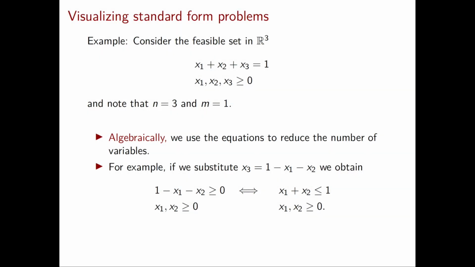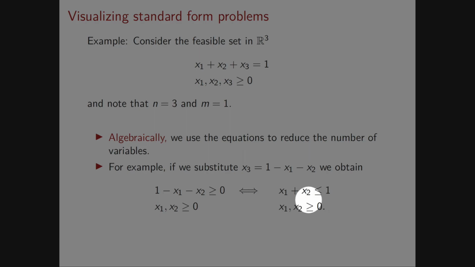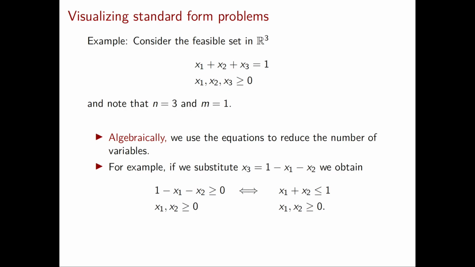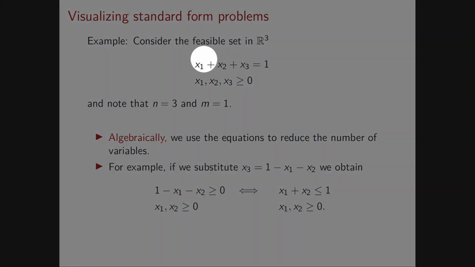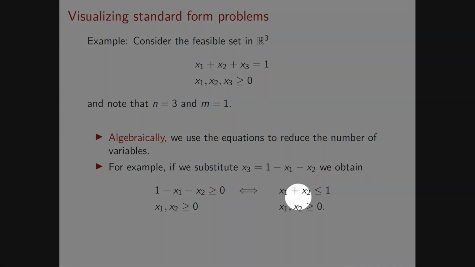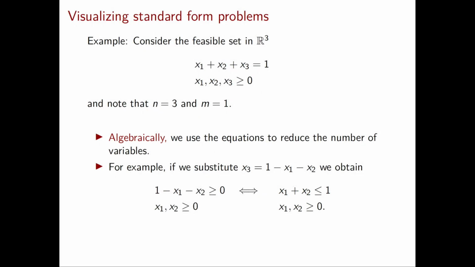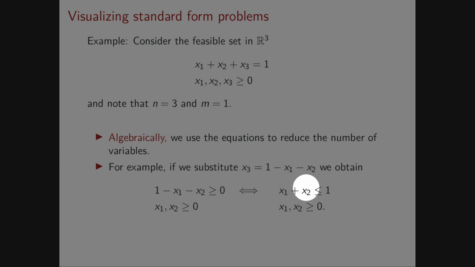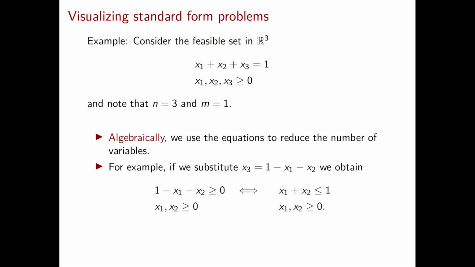I mean, eliminating x3, it's clear we obtain this system over here, but what if instead we substituted x2 or x1? In this example, due to the symmetry of our equation, you would have obtained something very similar. For example, if you eliminated x2, you would have obtained x1 plus x3 less than or equal to 1, x1, x3 greater than or equal to 0.